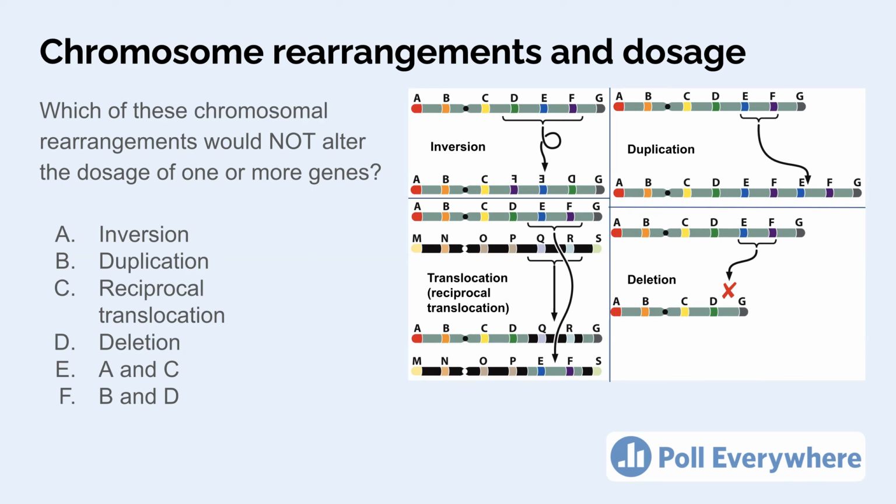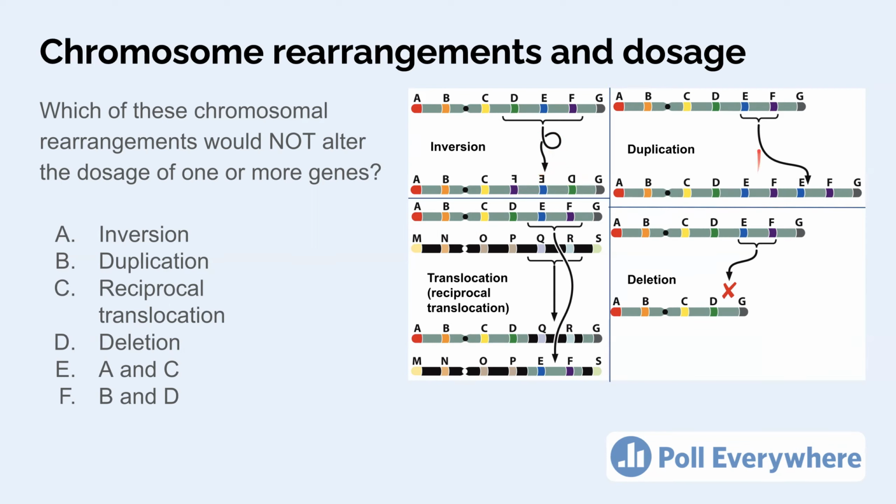So if you take a gene and you flip the whole thing, the coding region, the promoter, the terminator, then it's going to look the same to the cell going forward or backwards. So this actually doesn't really have an effect on the genetic information that's contained by that chromosome. And that would be no change to the dosage. So there's still a functional D, a functional E, and a functional F gene in this inversion example.